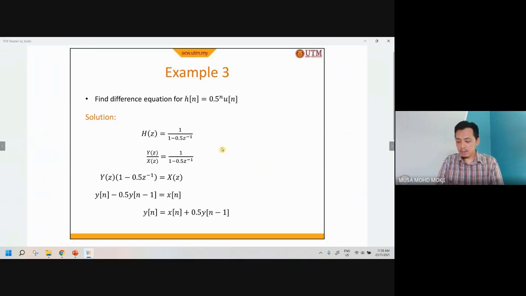And this is the third example. Now we are doing things starting from the impulse response. So what is h[n] again? You need to get used to these terms: difference equation, impulse response, FIR, IIR.